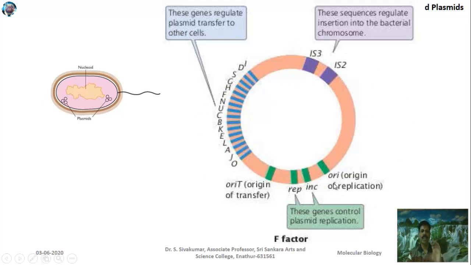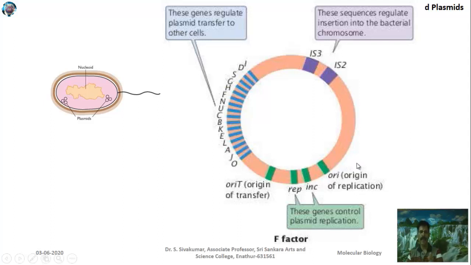If any plasmid has to survive in a bacteria, it needs this origin of replication. Because the origin of replication alone makes the plasmid survive in a bacteria: when the bacteria undergoes division, the plasmid also divides with the help of the origin of replication.